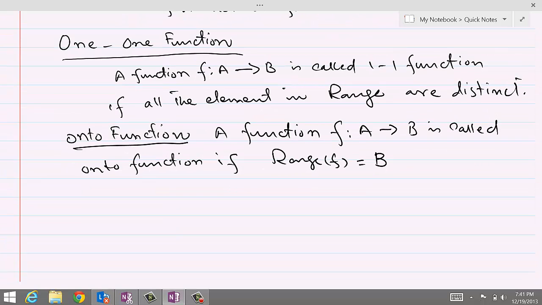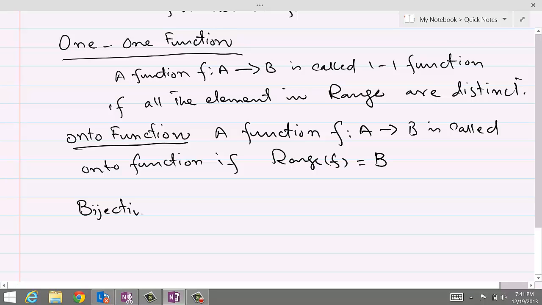And if a function is both one-one as well as onto, then it is called a bijective function. So in the last, we are going to write down the definition for a bijective function.